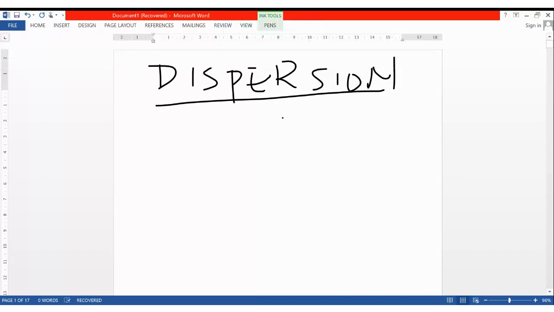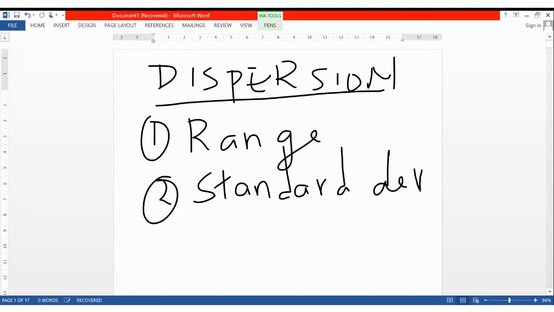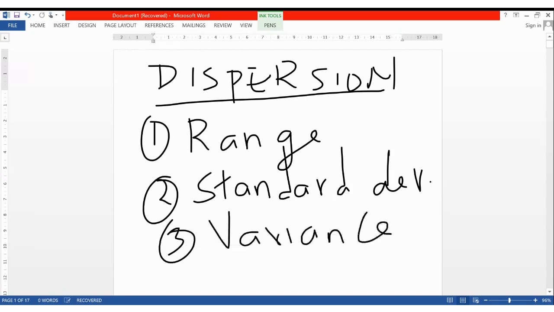Number two, standard deviation. Number three, the variance. So basically you have some data and you want to go further and give a better description of how the highest minus the lowest, that is the range, and the standard deviation, will be able to look at data. That's how we do it.